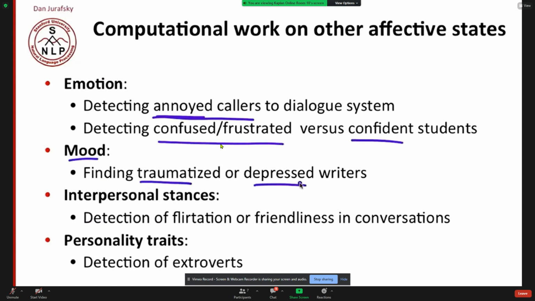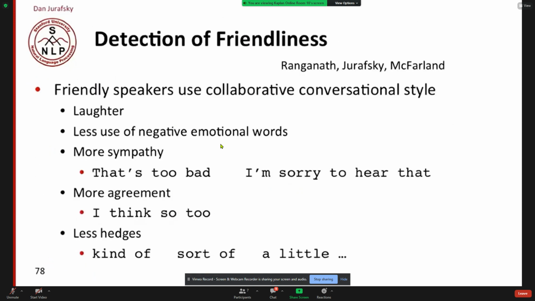For longer term moods, we might want to find traumatized or depressed people, like writers of some blog or text. In conversations, we might want to detect if someone's friendly or unfriendly. For very long-term personality traits, we might want to detect extroverts or introverts for building dialogue systems that can communicate better with extroverts or introverts. And there's lots of research on all of these tasks.